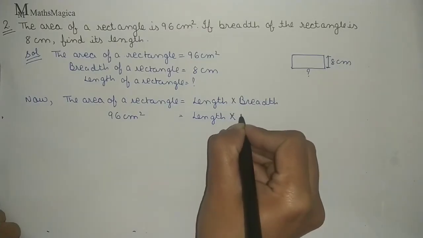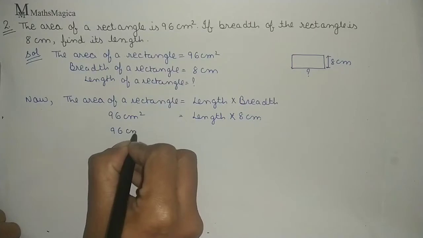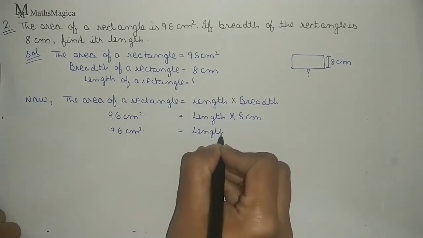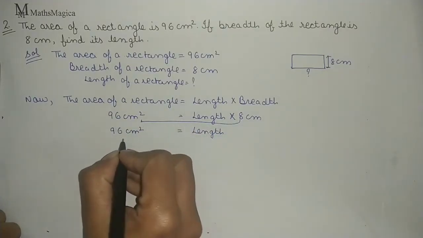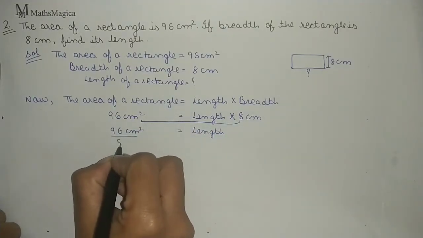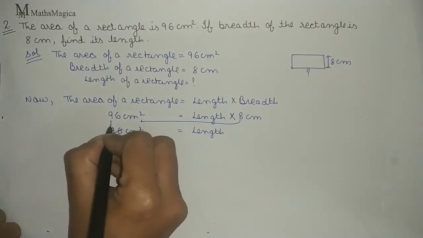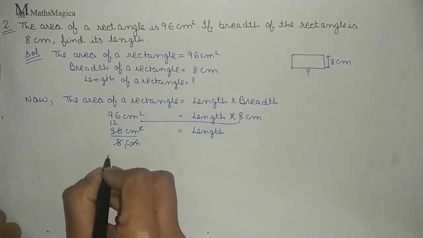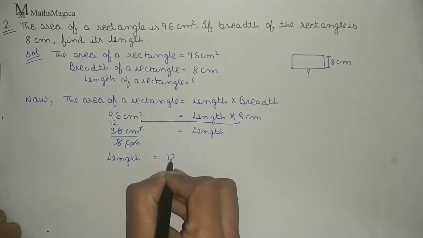Breadth is 8 cm. 96 cm square as it is equal to length 8 in multiplication. When it moves to another side, it will change into division. Divided by 8 cm. 12 8s are 96. Centimeter cancel with each other. Length of a rectangle is equal to 12 cm.